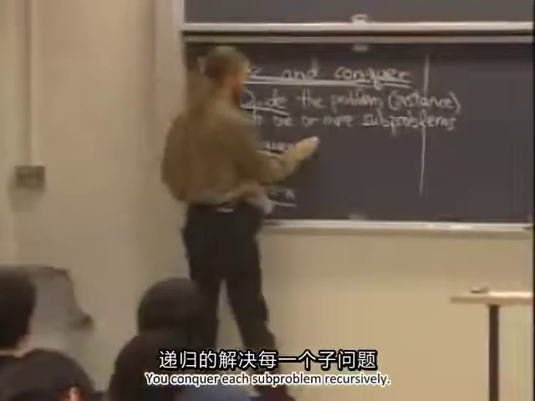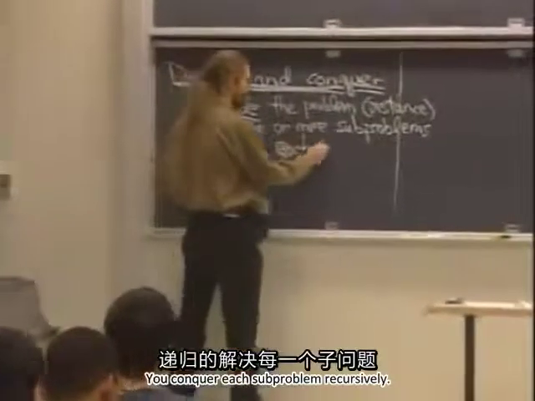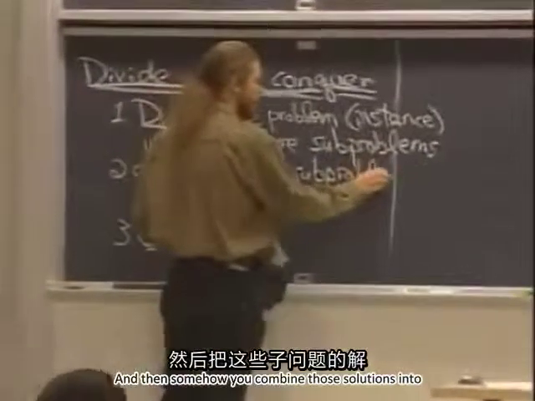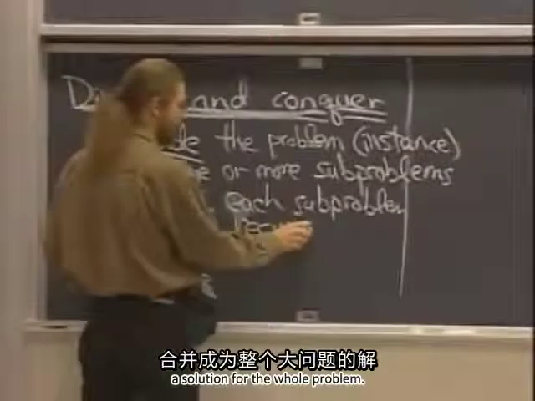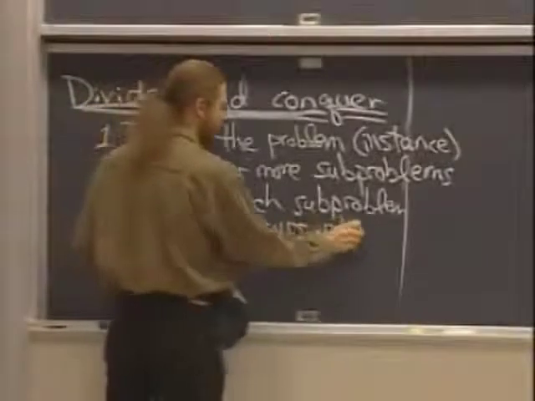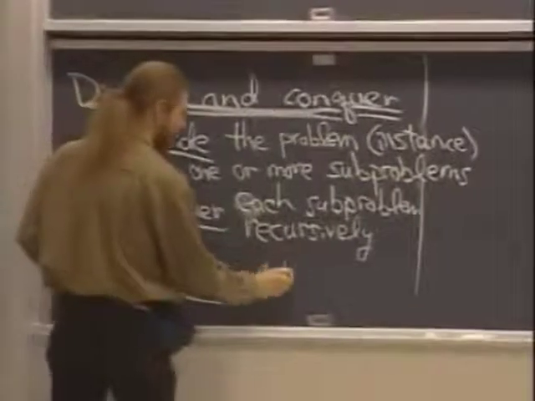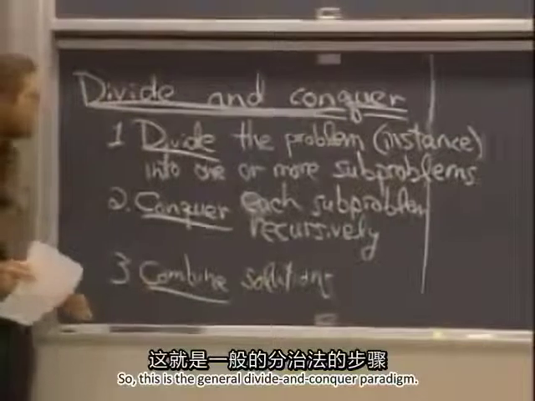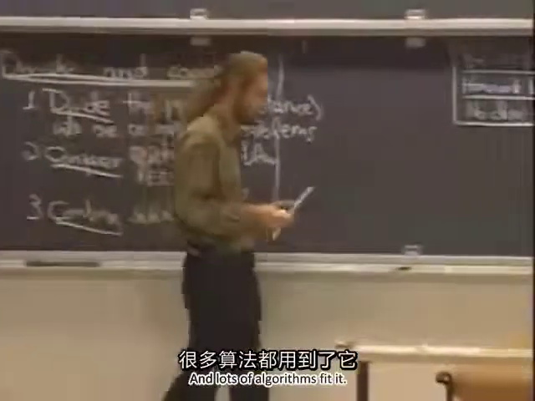So you conquer each subproblem recursively, and then somehow you combine those solutions into a solution for the whole problem. So this is the general divide and conquer paradigm, and lots of algorithms fit it.